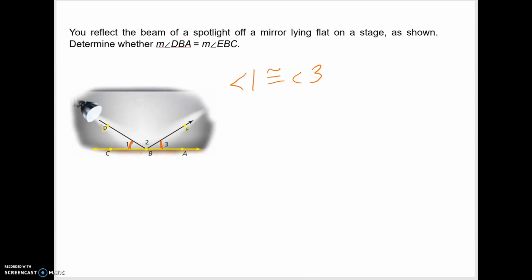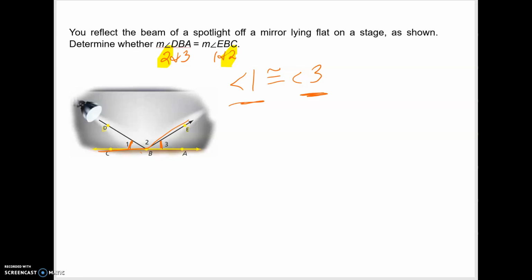Okay, so if I look at DBA, it includes angles 2 and 3. And if I look at EBC, that includes 1 and 2. And I know that 1 and 3 are exactly the same size. So if I look, both of these share 2, which has got to be the same.